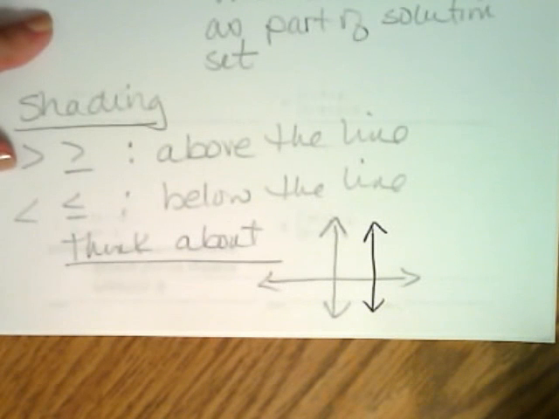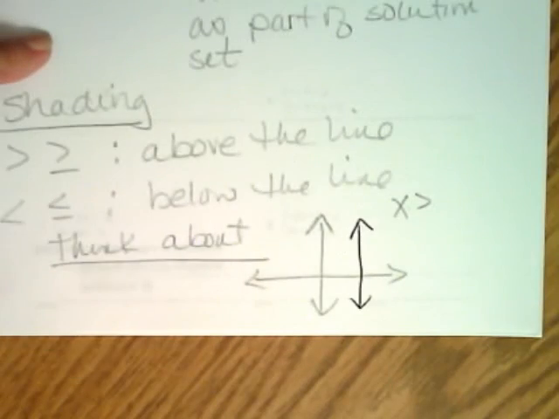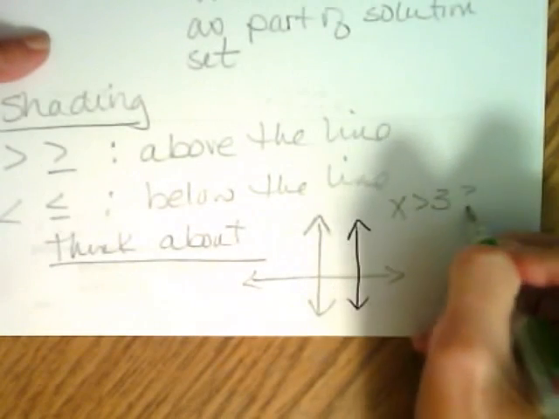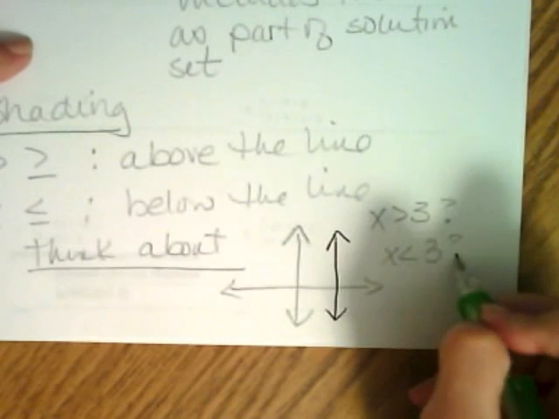Where would above the line be? So if I had a greater than or a greater than or equal to, where would I shade? And then the second thing I want you to think about, obviously, if I gave you less than or less than or equal to this line, where would you shade? So what I'm saying, if x is greater than 3, where would you shade? And if x was less than 3, where would you shade?